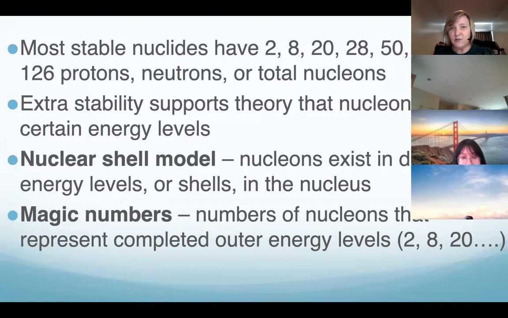So these particular numbers just provide extra stability. And we call it the nuclear shell model, which is basically a nucleus version of the octet rule. So nucleons exist in different energy levels or shells in the nucleus, and those numbers represent those shells.